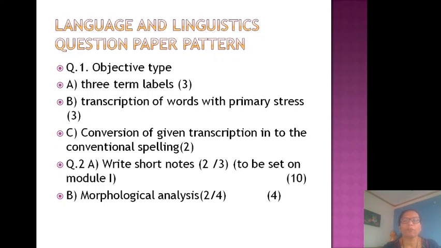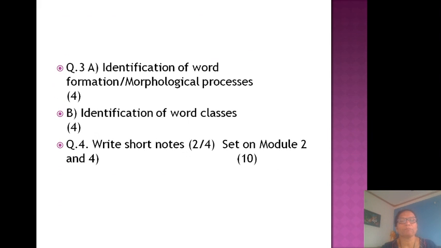Conventional spellings are given to you, and you are asked to write the phonemic transcription of those words. And it also carries 2 marks. Means the first question is an objective type of question, and it carries 8 marks. And you can score 8 out of 8 also.